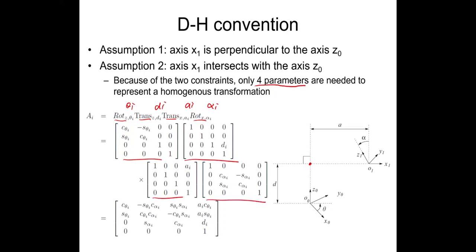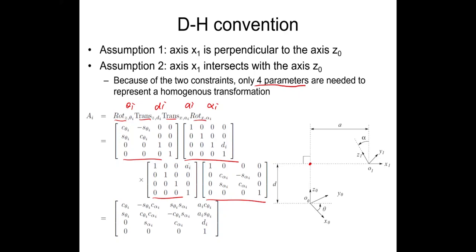This one is the rotation around the z-axis with theta, this is the translational motion along the z-axis with di, this is the translational motion along the x-axis with ai, and this is the rotation around the x-axis with alpha i, so that we can quickly write these four basic transformation matrices.